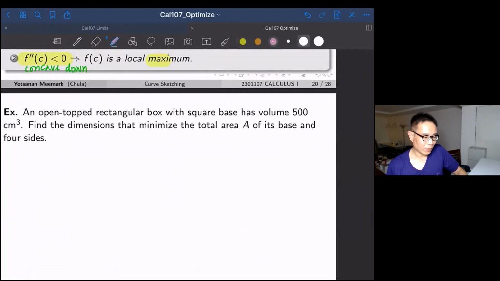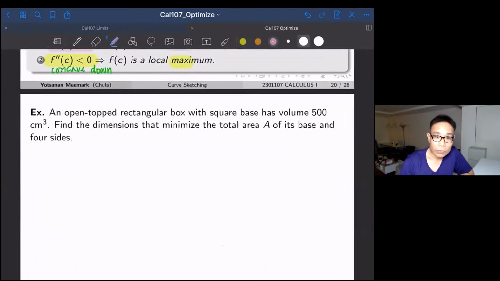Let's do one example. This one is an open top rectangular box with square base, with volume 500 cubic centimeters. Find the dimensions that minimize the total area A of its base and four sides.